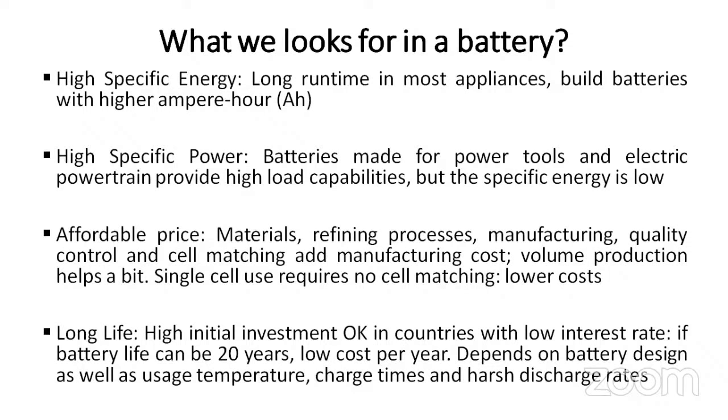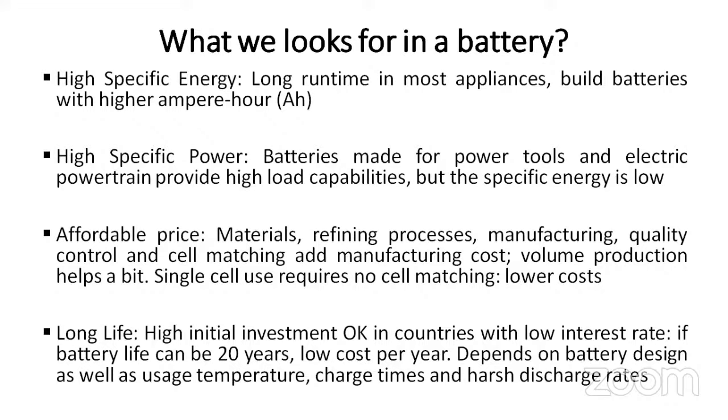And each and every cell manufacturer has some limitation. You can draw or send a current maximum at this rate, right? So the higher the specific power, the higher the rate of drawing the current would be. Okay. So batteries made for power tools and electric powertrain provide high load capability, but the specific energy is low.